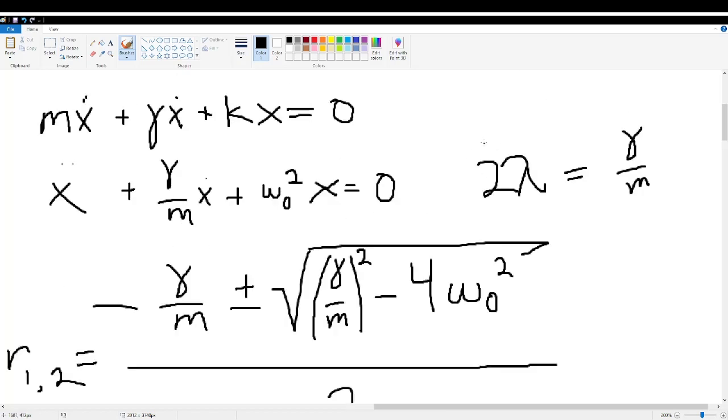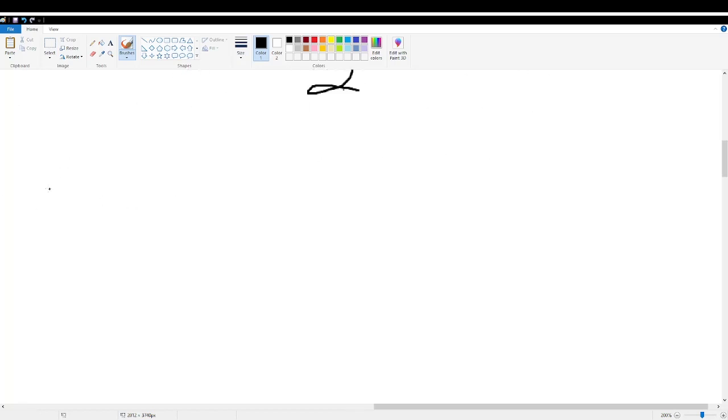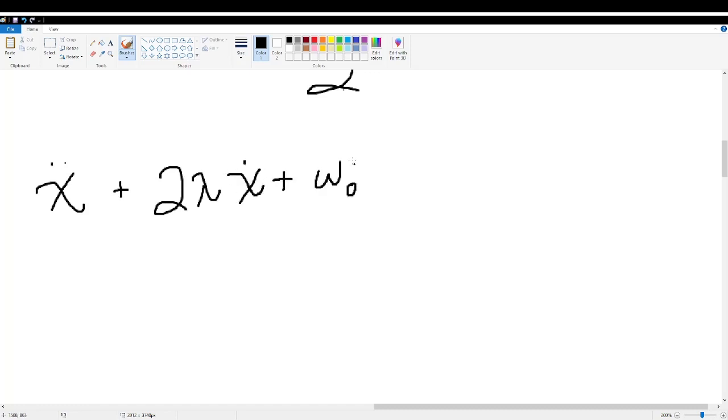So let's instead rewrite our differential equation, knowing what we know about the amazing implications of using 2 lambda instead: x double dot plus 2 lambda x dot plus omega naught squared x is equal to 0.